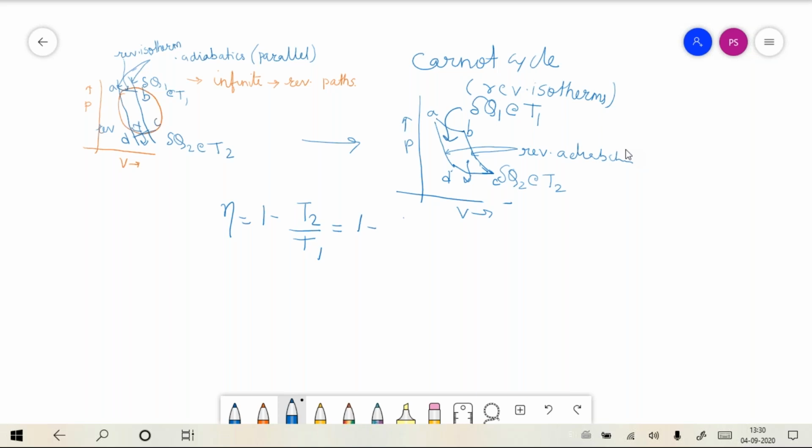Okay, so it means del Q1 by T1 is equal to del Q2 by T2.